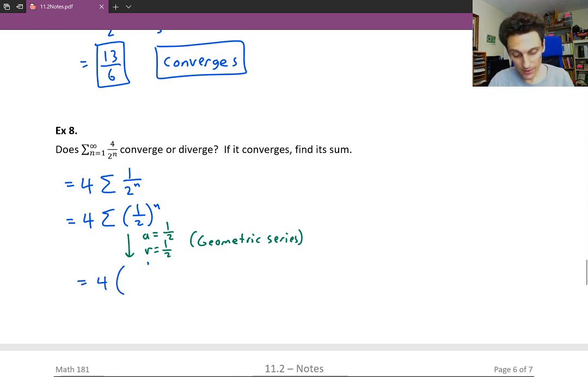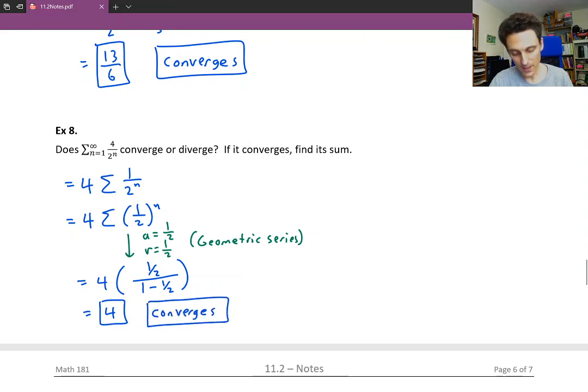So this will converge to a over 1 minus r, 1/2 over 1 minus 1/2. And if you work that out, you get 1/2 over 1/2, which is 1, so you just get 4 times 1, which is 4. In other words, this series converges to 4.